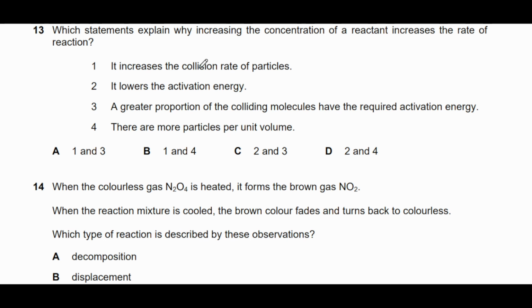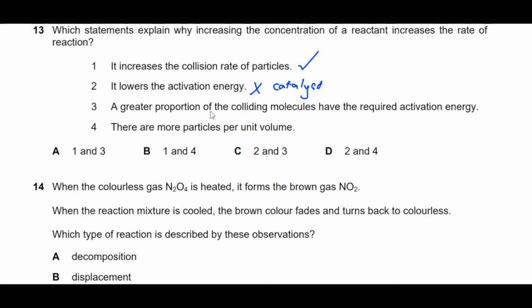Which statements explain why increasing the concentration of a reactant increases the rate of reaction? Okay, so increases the collision rate of particles. That is true because you're adding more particles, so therefore there will be more collisions. It lowers the activation energy. That is not true, because there's no catalyst, right? Lowering activation energy can only be done by a catalyst.